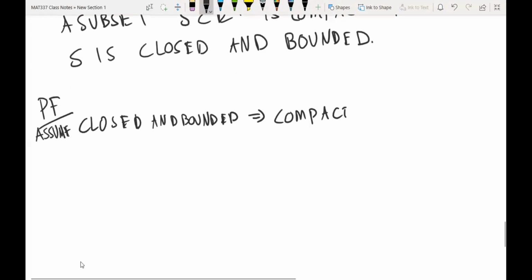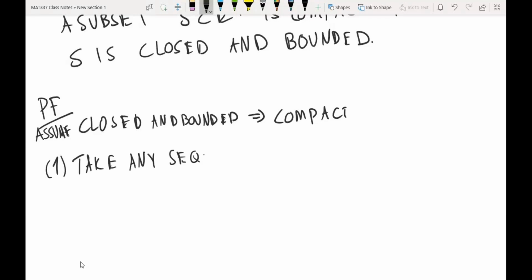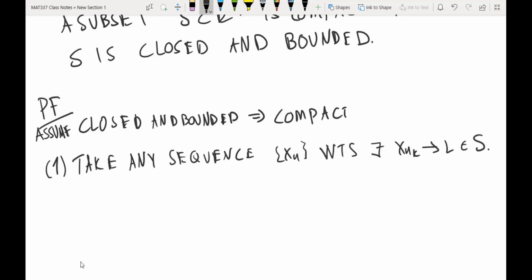So it's very similar. Step one, take any sequence x_n, want to show there exists x_{n_k} going to L inside the set.